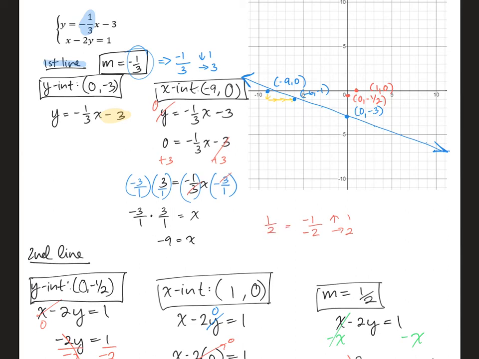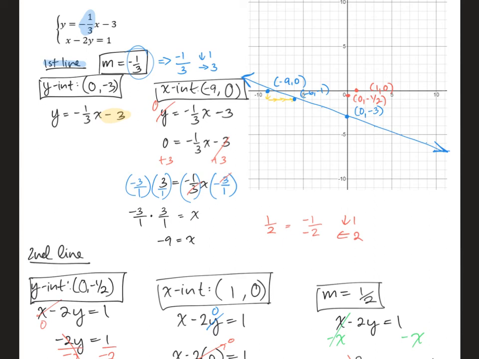So now that I've added those negatives, my directions change a little. My directions are saying, go down 1, back 2. So let's go ahead and do that. I could start at either the x-intercept or the y-intercept. I think I'm going to start at the x-intercept because the y-intercept has a half and I don't like fiddling around with those values.